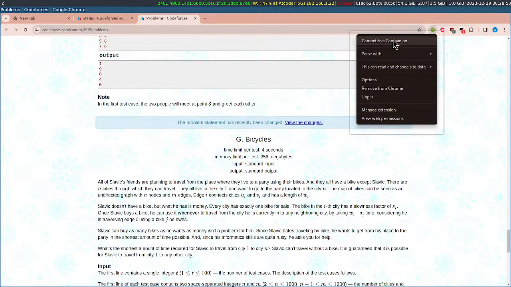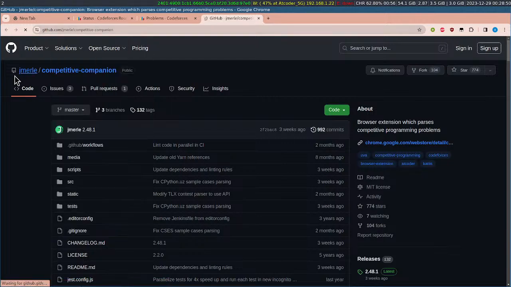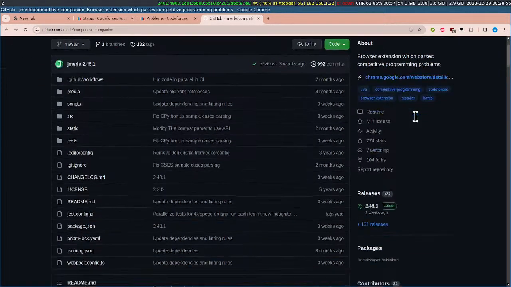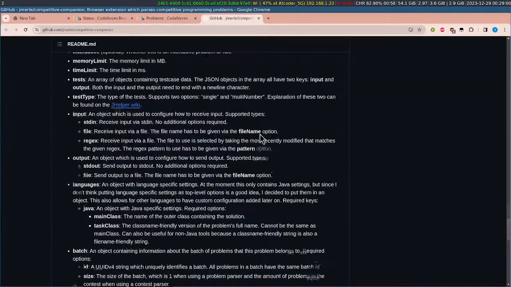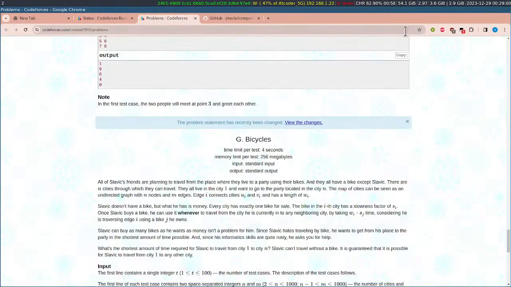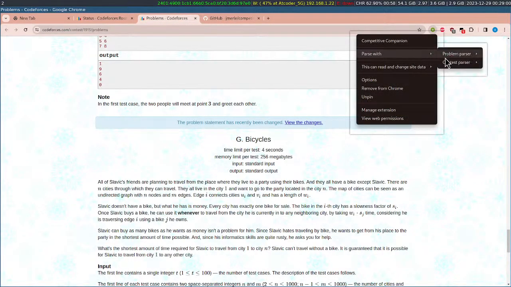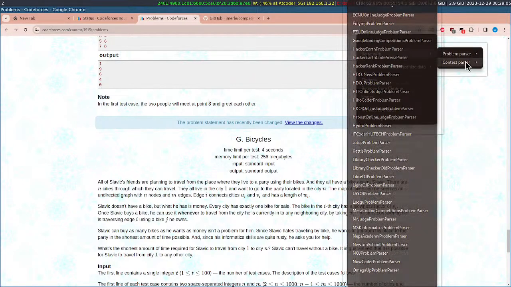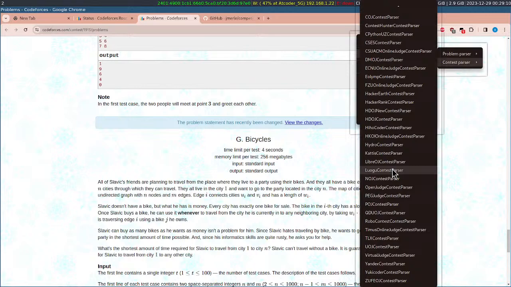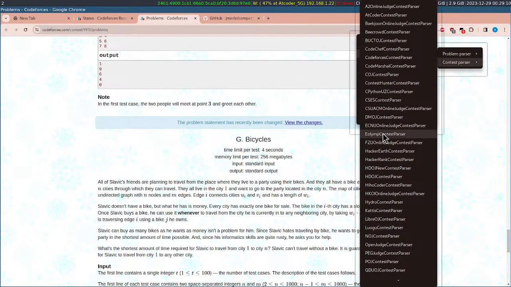For my setup, I am using this Competitive Companion parser over here. Someone has created it. It supports a lot of websites. Some of the websites are supported as a problem parser, and some of them also support it as a contest parser.